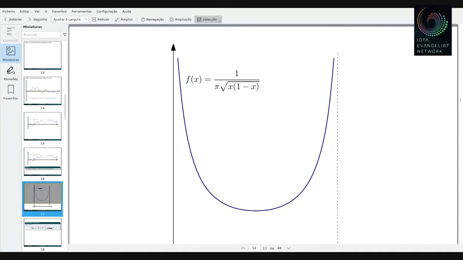It attains its minimum at 1/2, and it goes to infinity here at 0 and here at 1, but still you can show that it is a density, in the sense that if you integrate it from 0 to 1, it gives you 1. So it can be used as a density of a random variable.